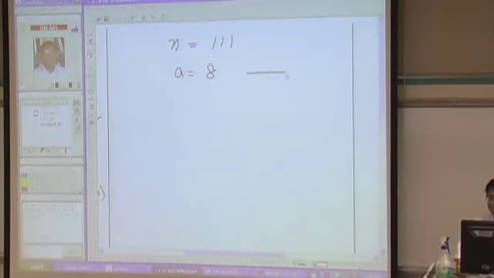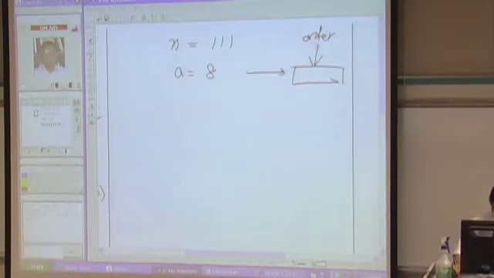So to calculate the order, instead of hand calculation, I will use MATLAB. So let's do it.